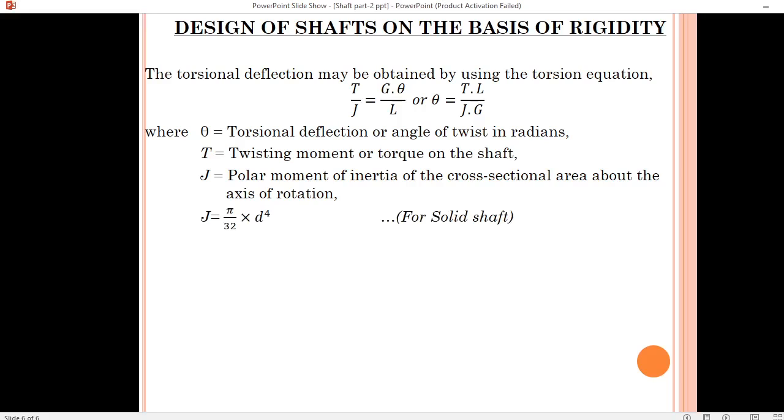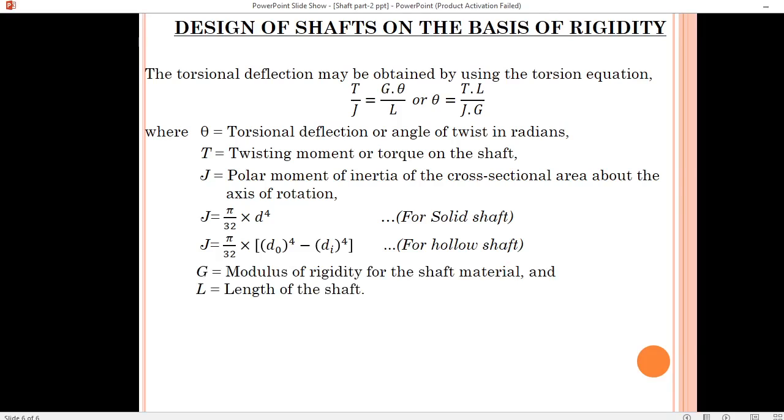J is equal to pi by 32 d to the power 4 for a solid shaft, and J is equal to pi by 32 into d0 to the power 4 minus di to the power 4 for a hollow shaft.